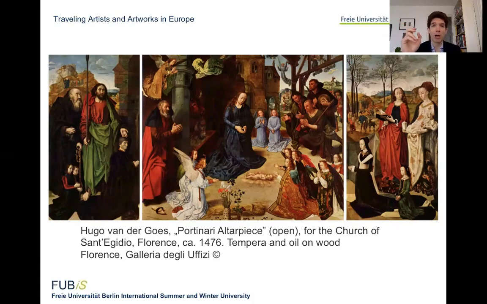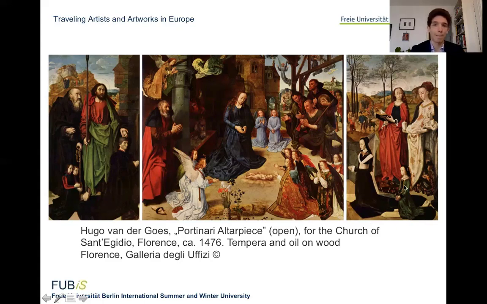Tommaso Portinari was the head of the Banco de' Medici in Bruges, one of the most important Netherlandish towns of the 15th century. So basically, Tommaso Portinari is depicted, as you can see, on the left wing of the triptych, and here on the right, you can see his wife and their sons.